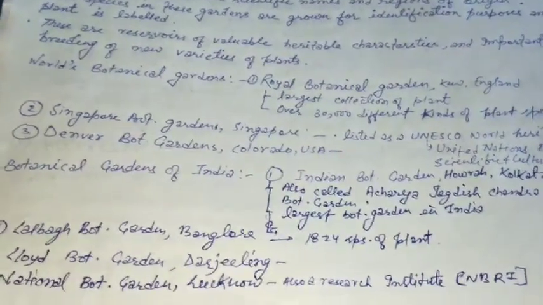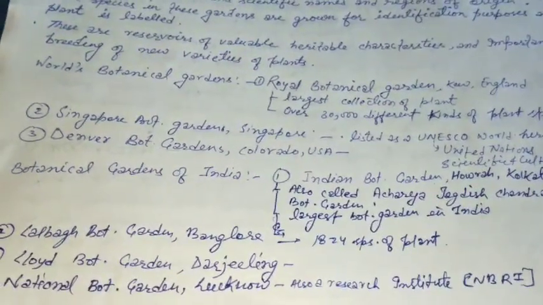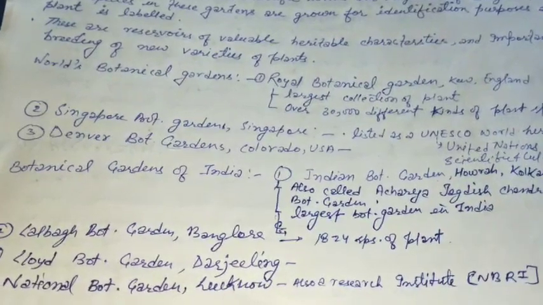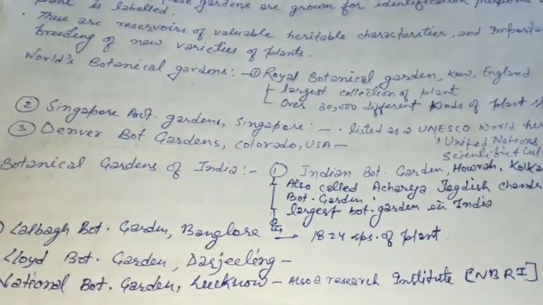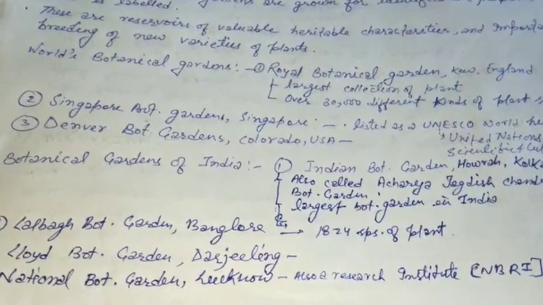The next one is the National Botanical Garden. It is located in Lucknow, the capital of Uttar Pradesh.